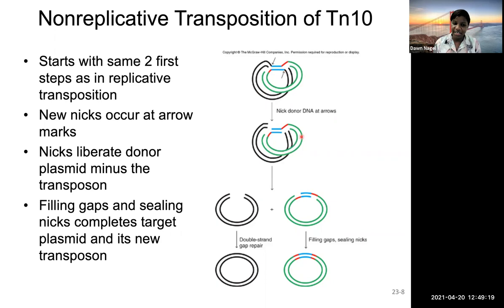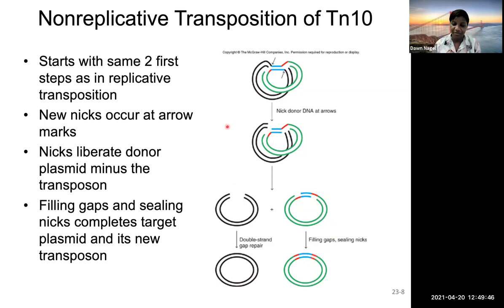So this new plasmid pretty much contains that transposable element. It really removes it from that donor plasmid. And when this gets resolved or separated, you now have the transposon in the target plasmid. The original or donor plasmid has a gap. That gap gets repaired and the transposon is no longer there. And now you have it in the new location.